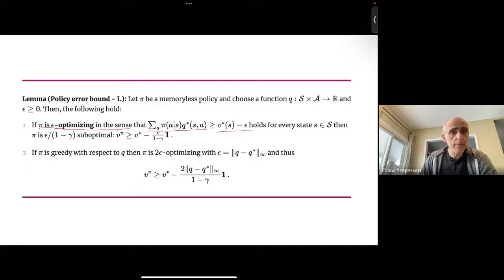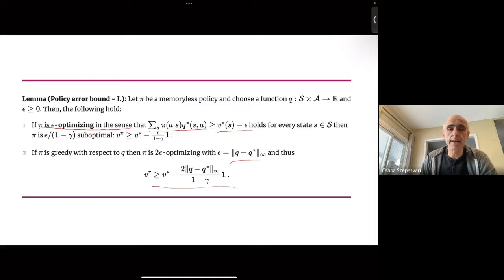It just says that if pi is greedy with respect to a Q function, then pi is 2 epsilon optimizing, with epsilon being the distance of this action value function Q to Q star. And because of this, by the first part, this is a near optimal policy up to this decrease, another sort of continuity effect.